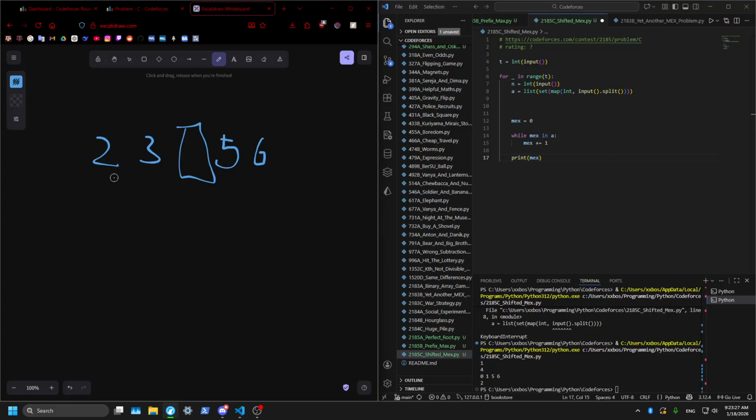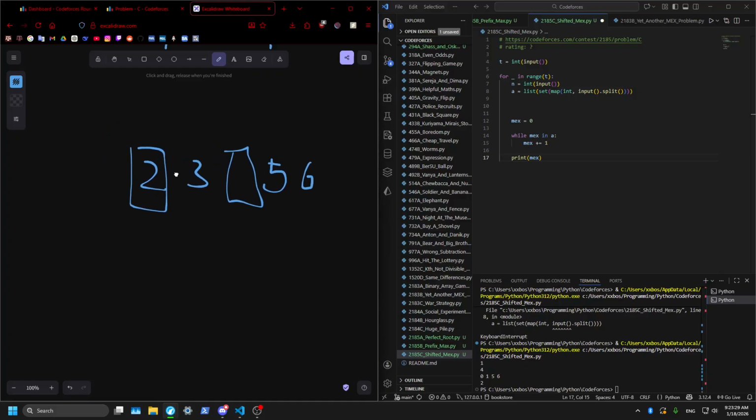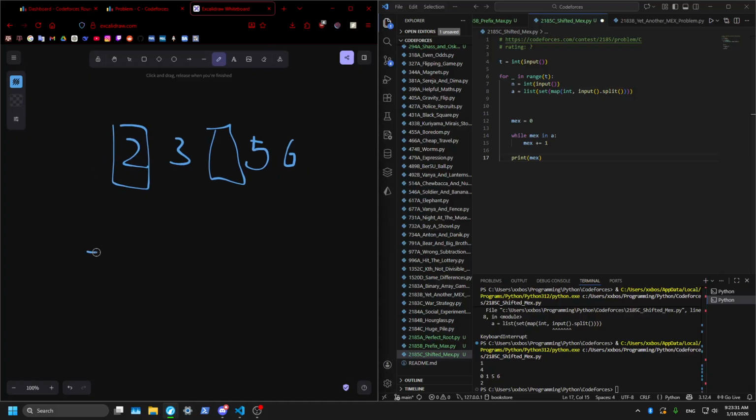We basically just want to normalize this first value to 0, no matter what, even if it's negative. We want to normalize this to 0.